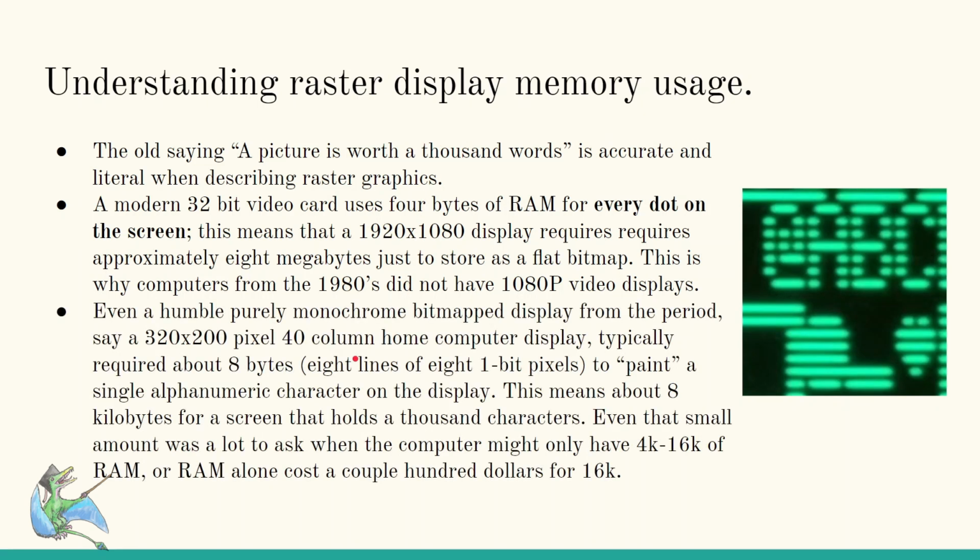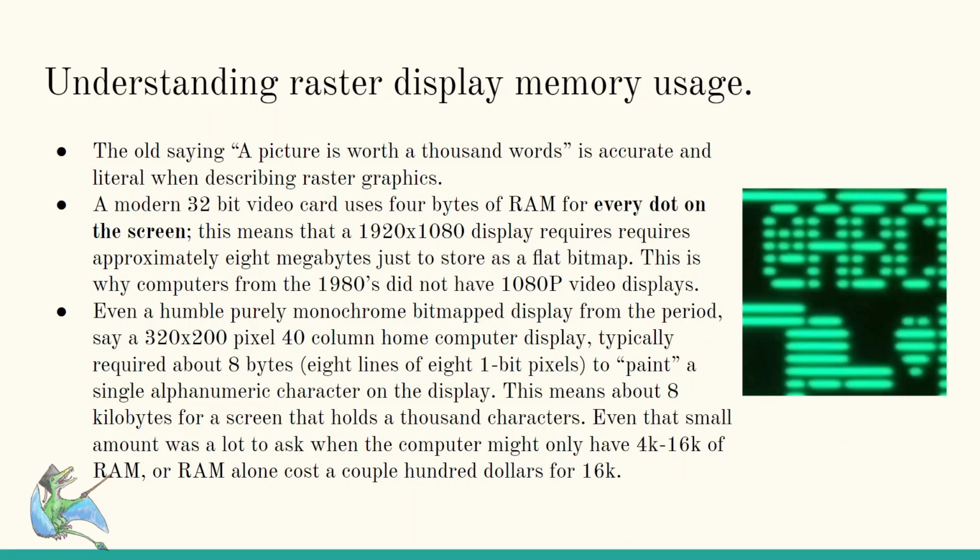Now, obviously, the old-fashioned displays that we had back in the 70s and 80s used a lot less memory, but it was still a lot for the time. Say you have a 320 by 200 pixel display, which would be typical for a 40 column screen.